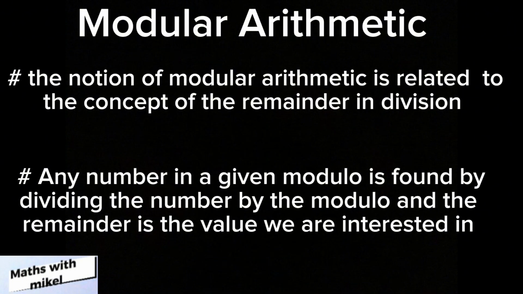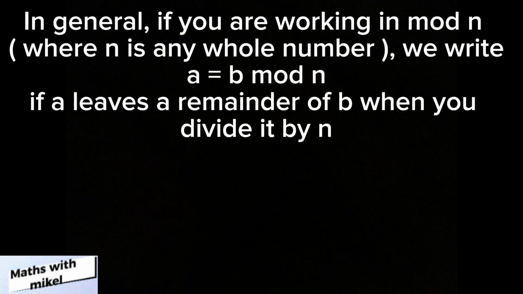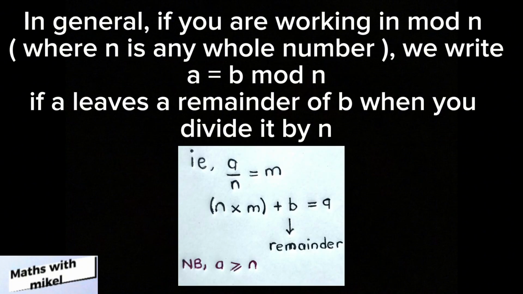Now, any number in a given modulo is found by dividing the number by the modulo, and the remainder is the value we are interested in. In general, if you are working in mod n, where n is any whole number, we write a is equal to b mod n if a leaves a remainder of b when you divide it by n.